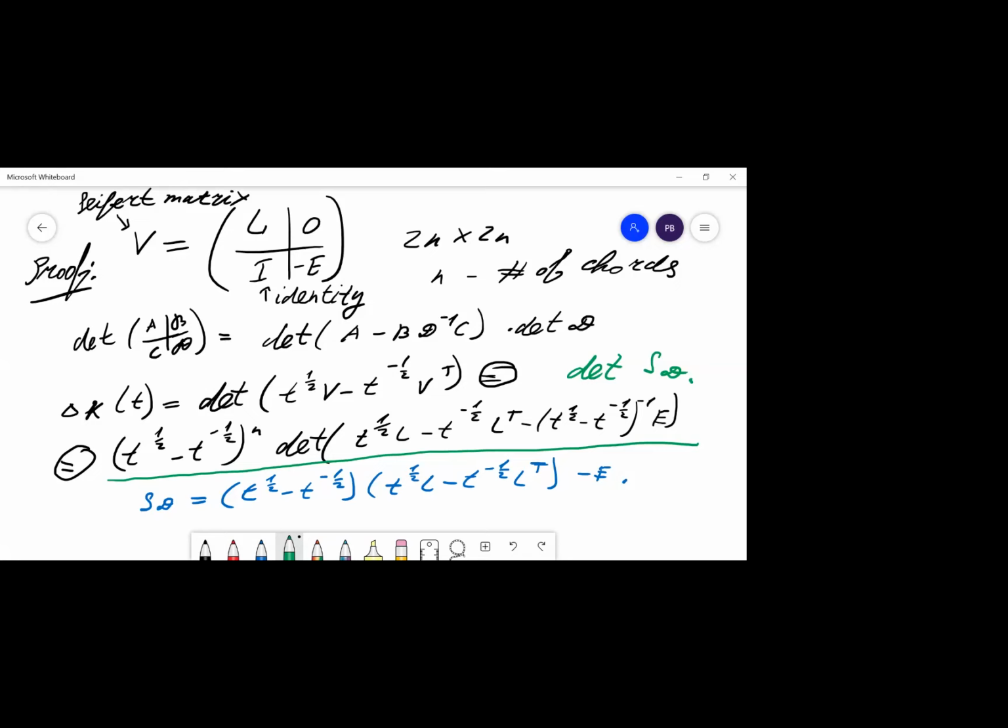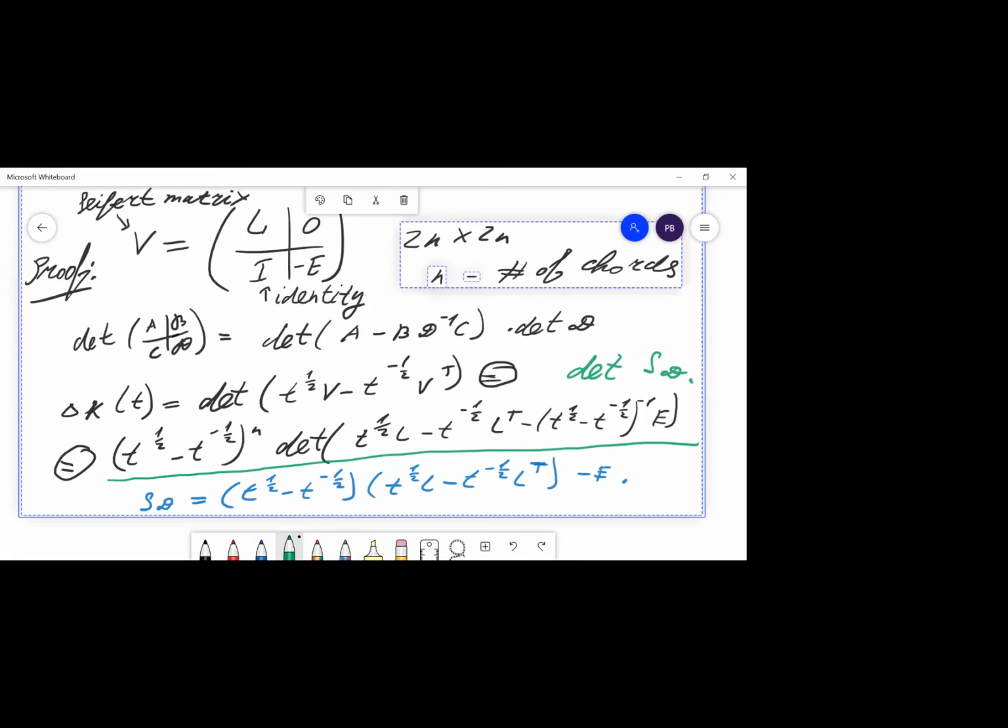but its coefficients are finite order invariants. Each coefficient of a given power of t is a finite order invariant of knots. I think I will omit giving any examples because we're sort of short on time.